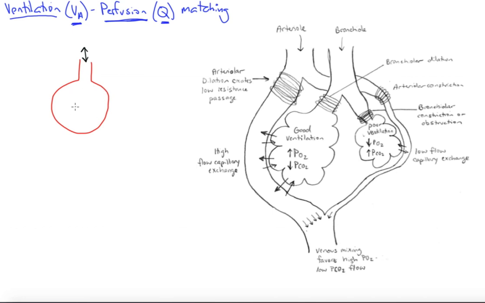But the point here is that we end up with a PO2 at the alveolus of about 100. We've talked about that before. The beauty of that value is that our hemoglobin ends up being 100% saturated at that PO2.